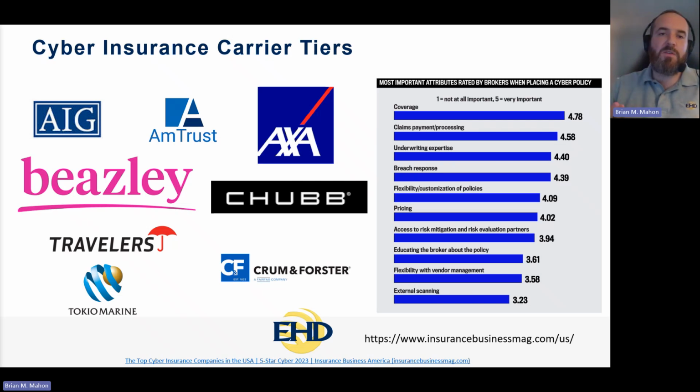That hotline is manned by a data breach response coach who is a privacy attorney. And what they do is they act as the quarterback to spearhead and kick off all the various incident service providers.